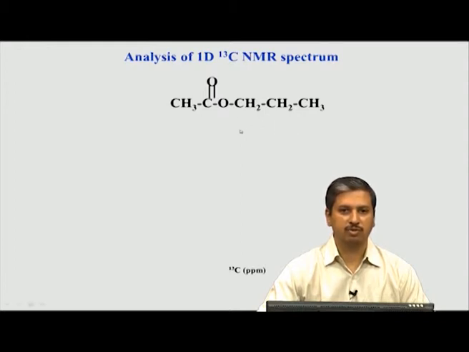Same thing we are going to do here. And the third thing, which we will do here as well, is that given only the molecular formula and a spectrum, without knowing the structure, we have to find the structure. Right now, what we will do is, given a spectrum, find the assignment.